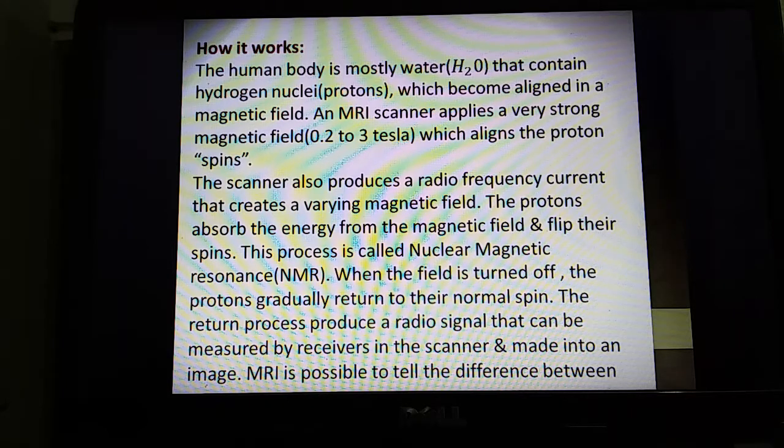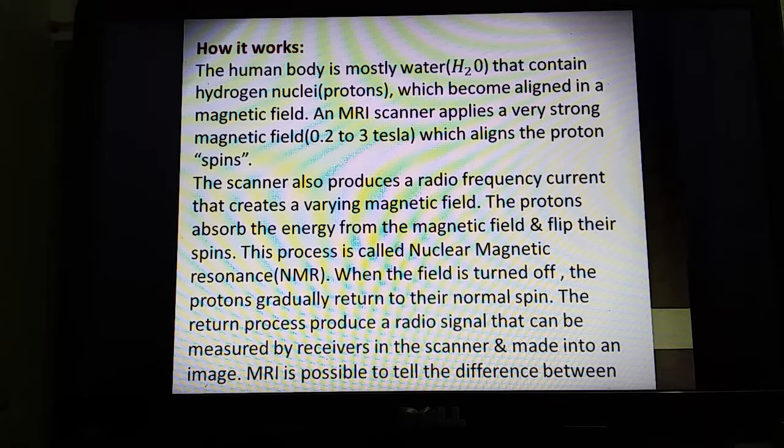The scanner also produces a radio frequency current that creates a varying magnetic field. The scanner not only generates a magnetic field, it also produces a radio frequency current that creates a varying magnetic field. The protons absorb energy from the magnetic field and flip their spins.